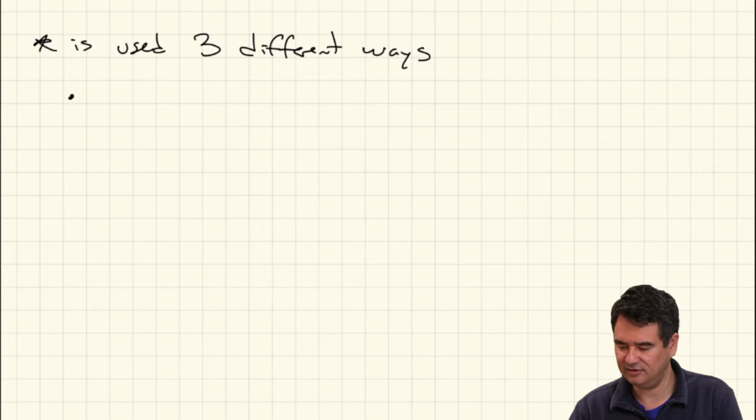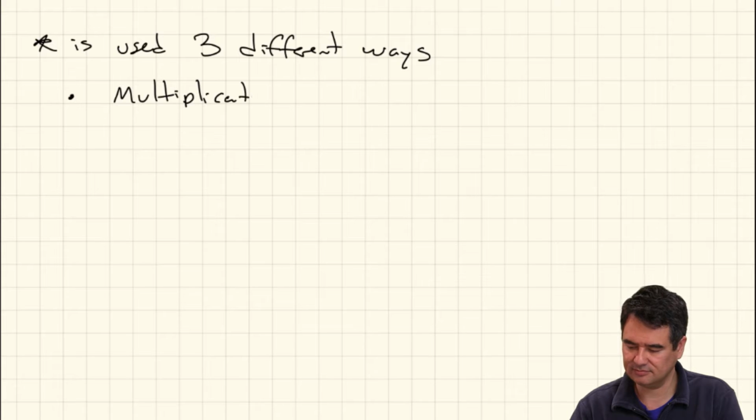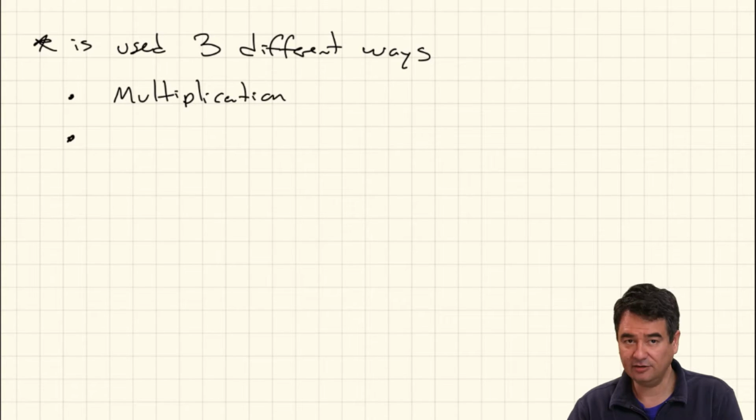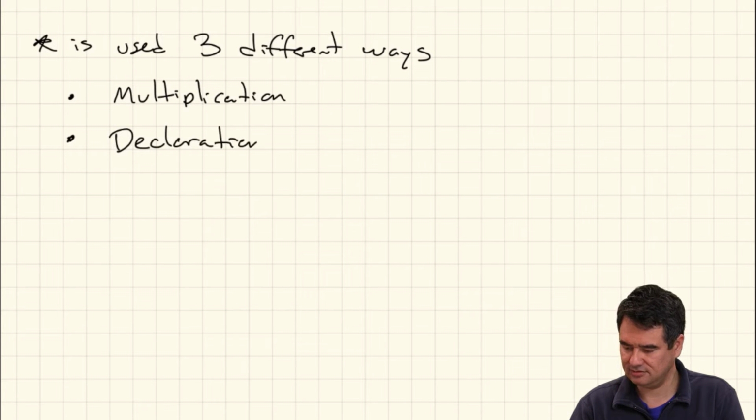One way is it means multiplication. Another way is in the declaration of a variable, it means that variable is a pointer.